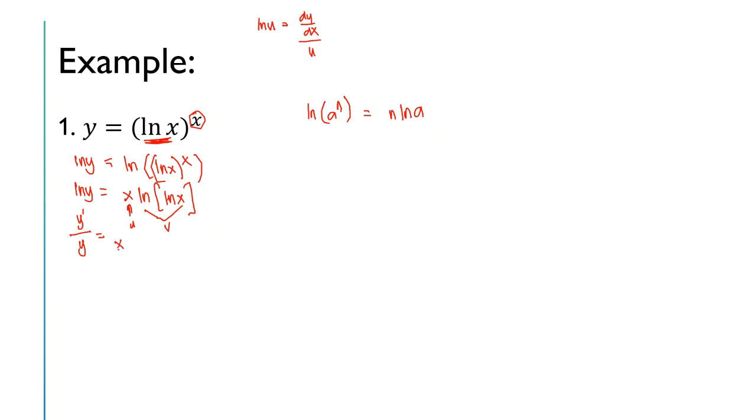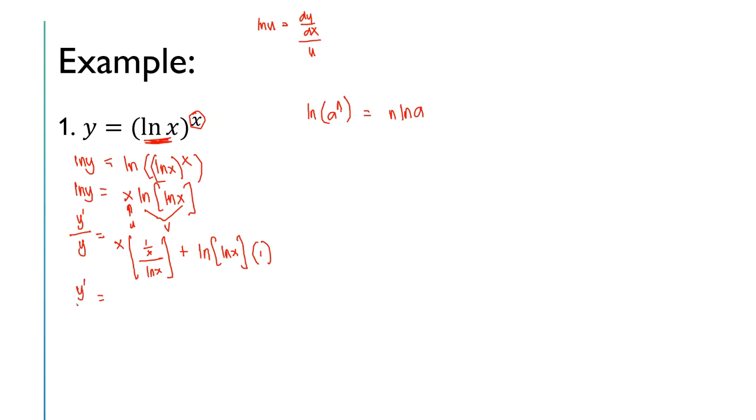So copy the u, derive our v, in which the derivative of our v is the derivative of ln x, which is 1 over x, all over the original value, which is ln x, plus our v, which is ln of ln x, times the derivative of our u, which is 1. Afterwards, simplify our equation.